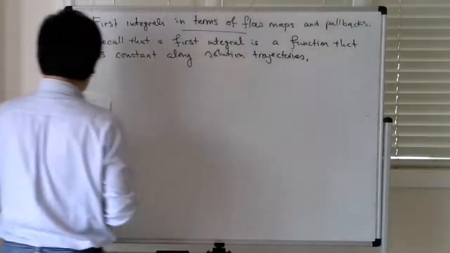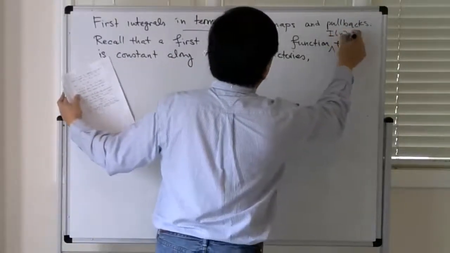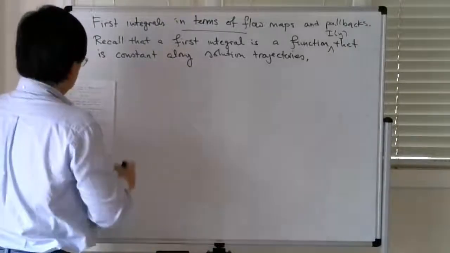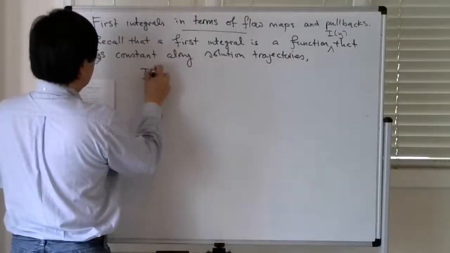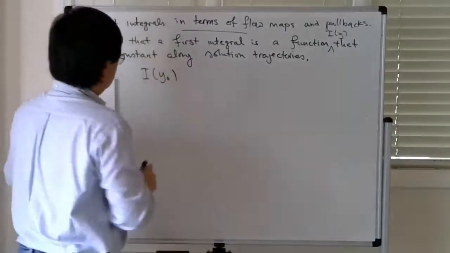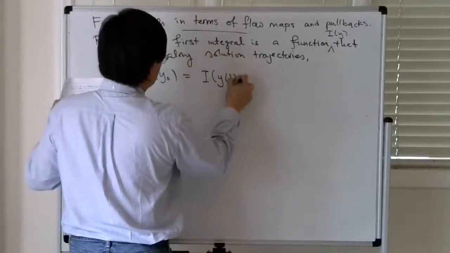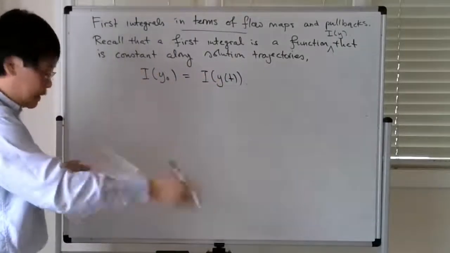So what that means, I should call this function I of y. Okay. So this means that if you take I and you evaluate it at the initial point, y0, this is going to be I of y along that solution trajectory.